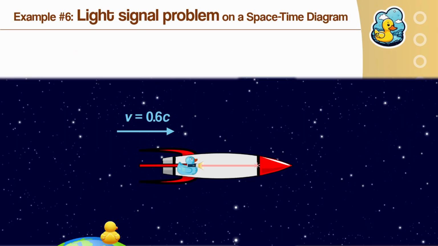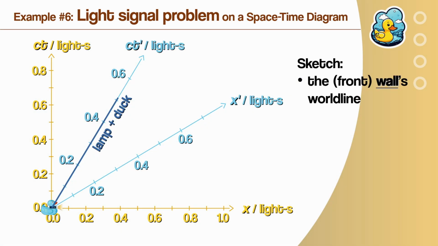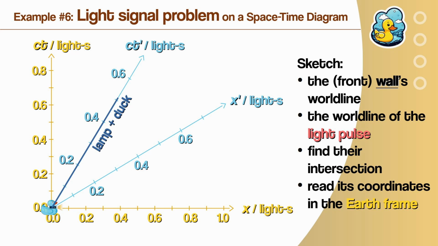The question is, when and where does the light hit the wall in the Earth frame? Pause and draw the world line of the wall, parallel to the spaceship's motion, starting a ship length ahead of the lamp and moving forward at the same speed. Then draw the 45-degree world line of the light pulse.